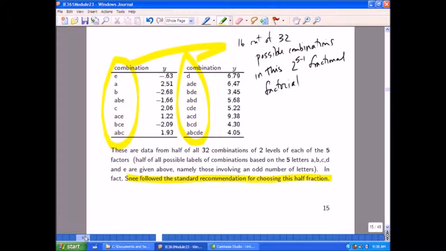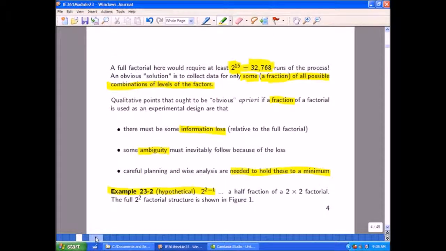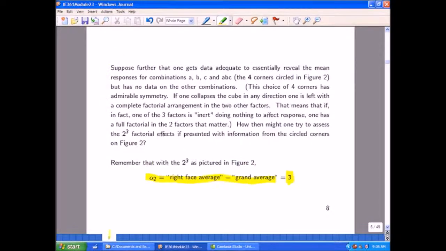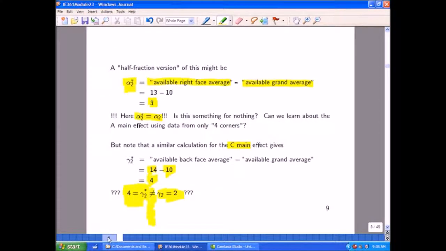By the way, if I come back to this scenario, sorry, wrong one. Well, we'll get there.